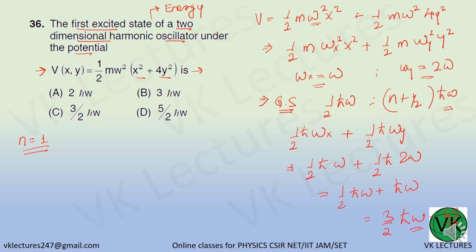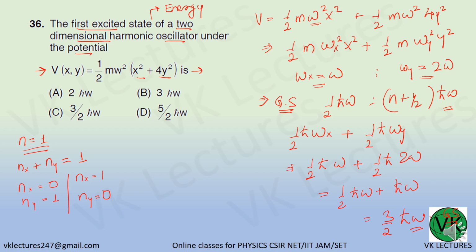Now n is equal to 1 means nx plus ny should be equal to 1. The least value nx can have is 0, and then ny will be equal to 1. There are two possibilities: either nx equal to 1 or ny equal to 0.